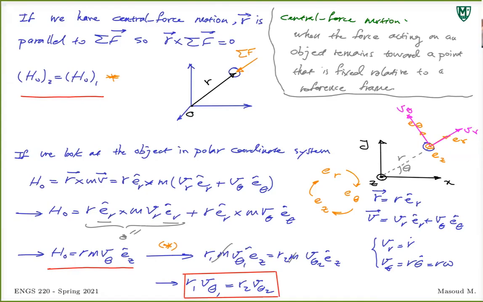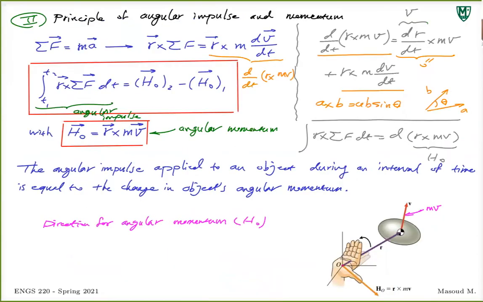Now, where are point 1 and point 2? Well, point 1 and point 2 could be any points during the motion, as long as we are in central force motion, remember. If we are not in central force motion, as defined here, then this does not apply. We have to go back to the integral form of the equation. All right.